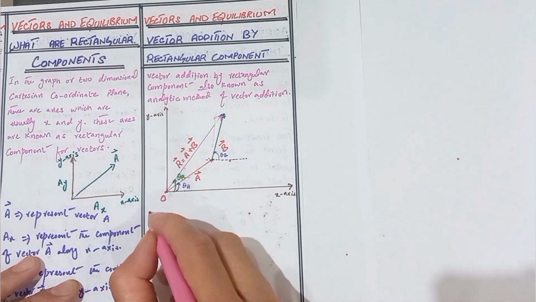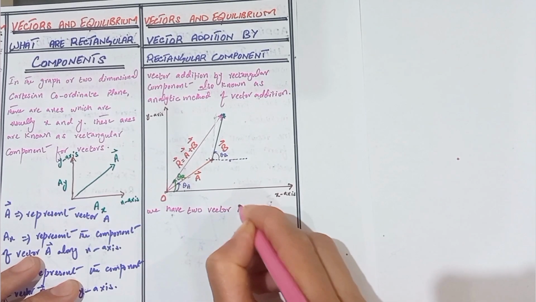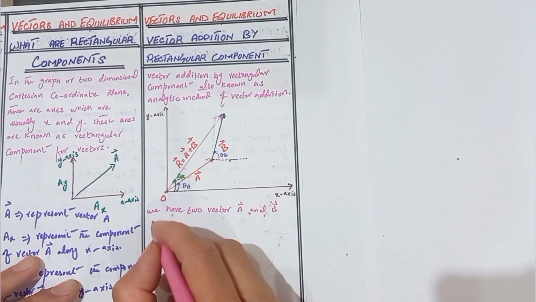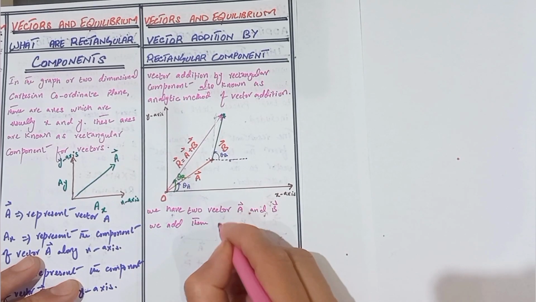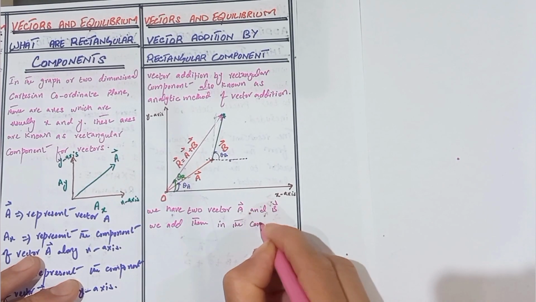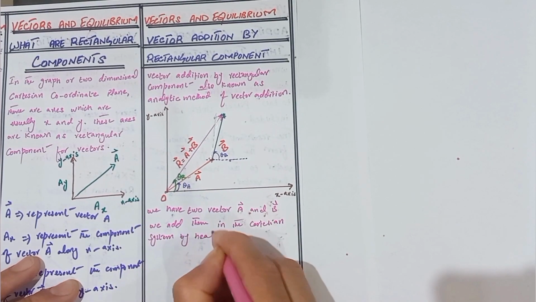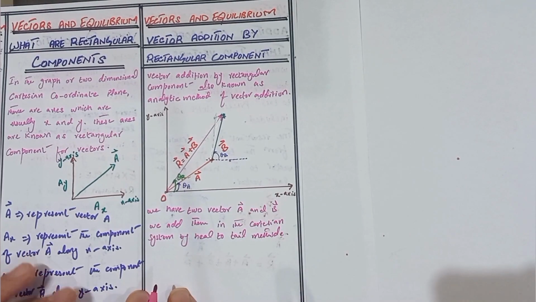Here we have two vectors A and B. We add them in the Cartesian system by the head to tail method.